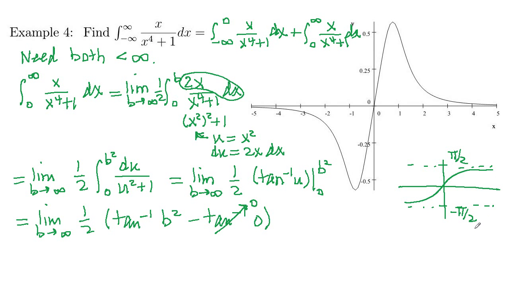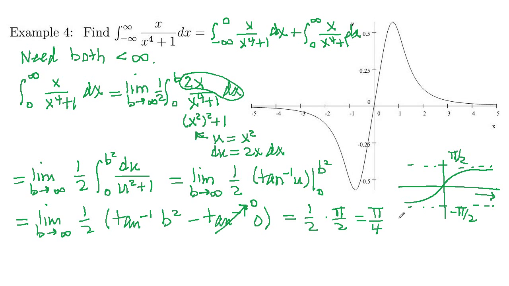That's inverse tangent. So as b goes to infinity, what you're putting inside the inverse tan goes to infinity. You go out here. What happens to inverse tan? It approaches pi over 2. So this is just 1/2 times pi over 2, which is pi over 4.